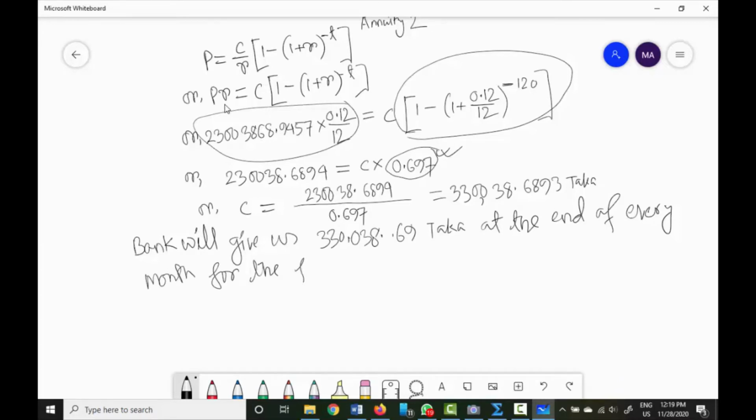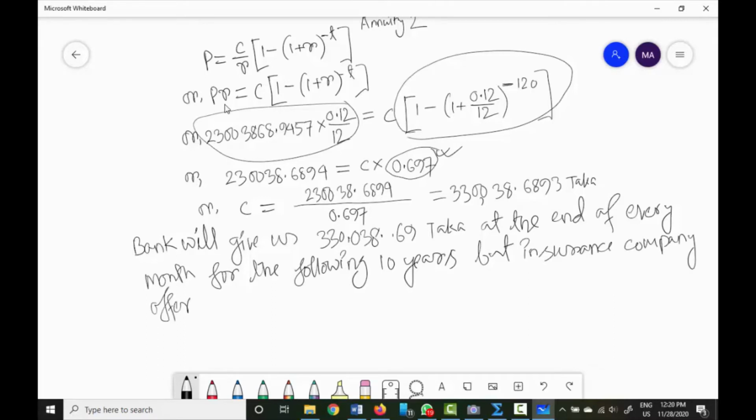But the insurance company offered us 350,000 taka at the end of every month for the following 10 years.